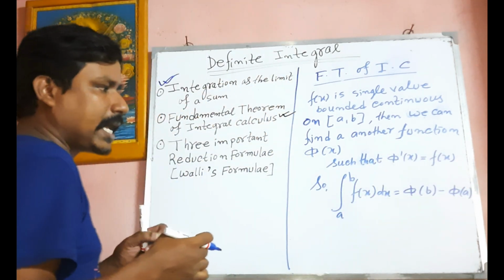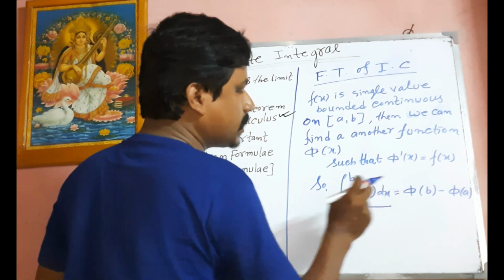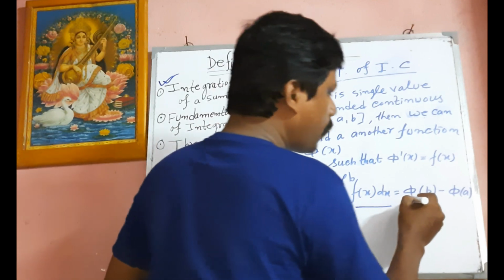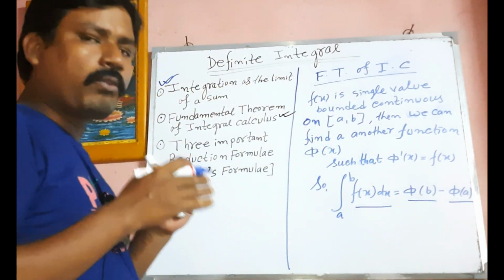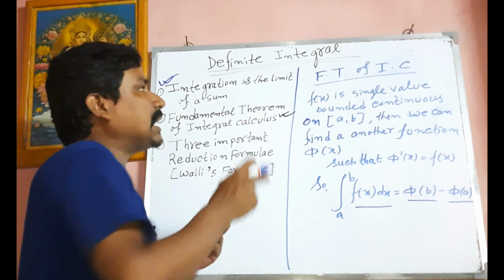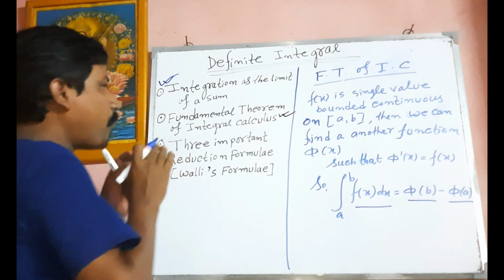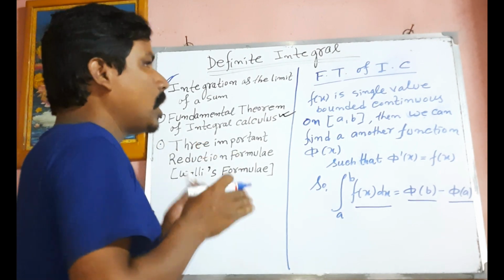So in that case we can say integral a to b f(x) dx is equal to phi of b minus phi of a. This is the fundamental theorem of integral calculus, and it is an important component in the discussion of the indefinite integral part.